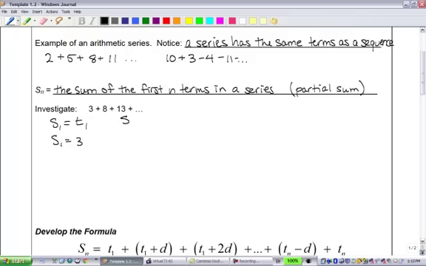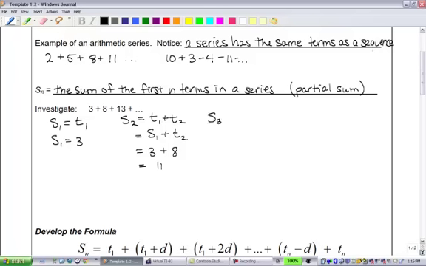If we take a look at the sum of the first two terms, we know that the sum of the first two terms is term 1 plus term 2. Term 1 is actually just the same as sum 1. So you could think of it as sum 2 is sum 1 plus term 2. Sum 1 was 3, term 2 is 8, and we end up with 11.